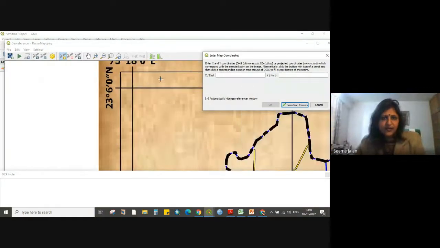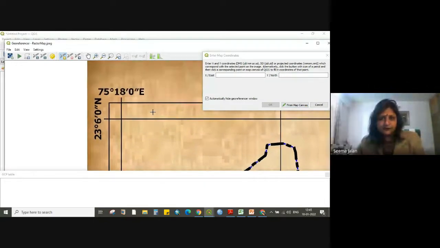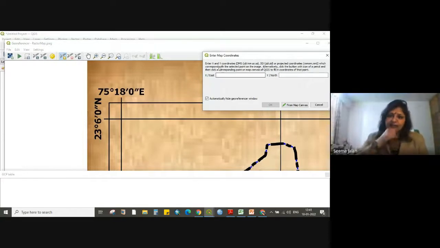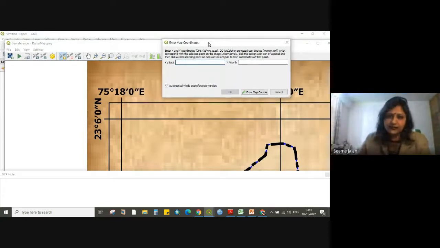As soon as I click that, I get this window. As soon as I have clicked, it has taken the image coordinates. Now I have to input the map coordinates. What are the map coordinates?